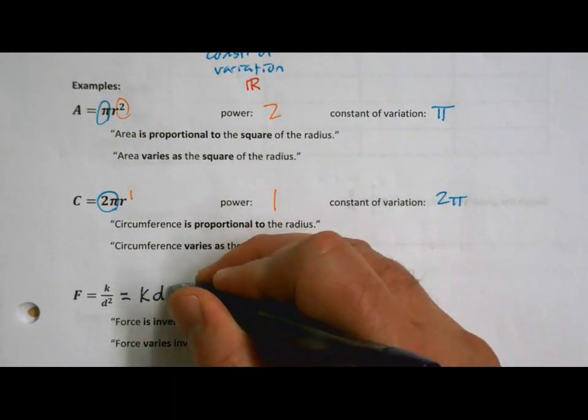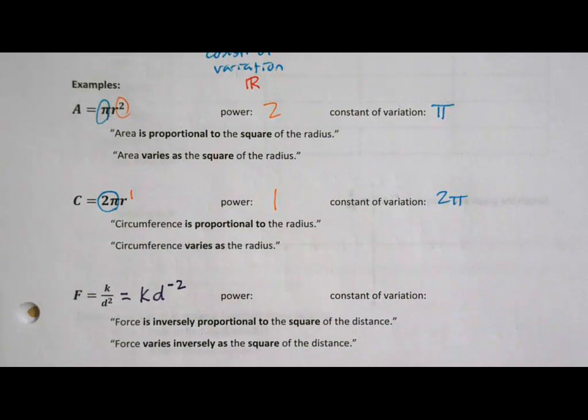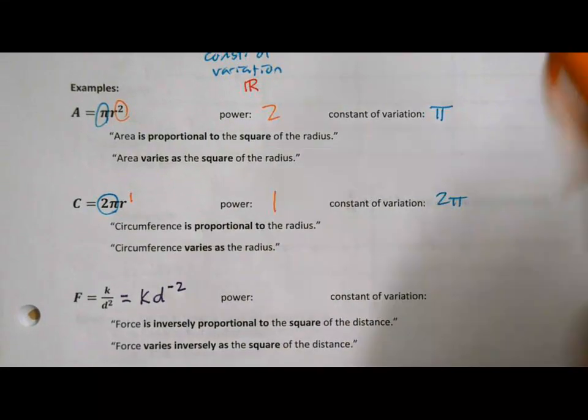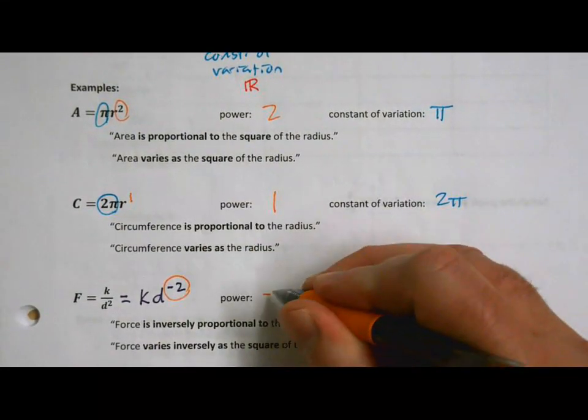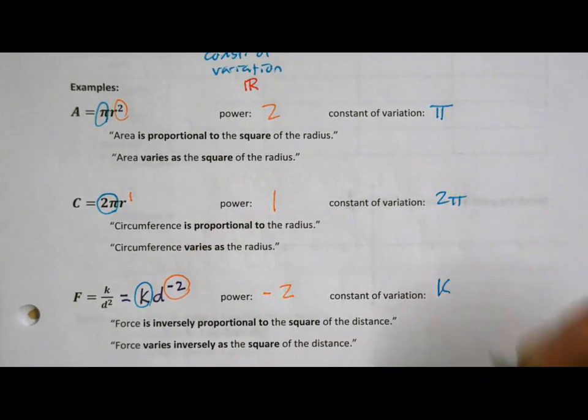This would be a -2. Are we good with negative exponents and our exponent rules, hopefully? So this time around, our power is negative, and the constant of variation is just k.